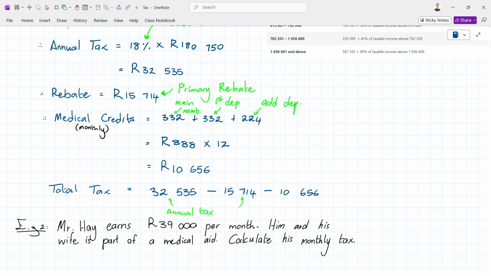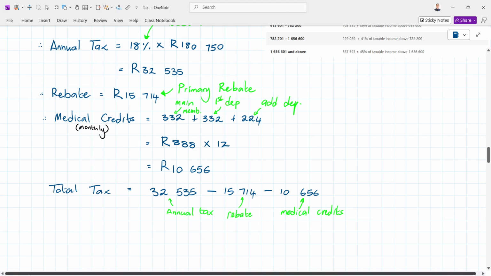This is the rebate. And this is the medical credits. Obviously, you do not have to make those notes on your scripts, just for your benefit now.